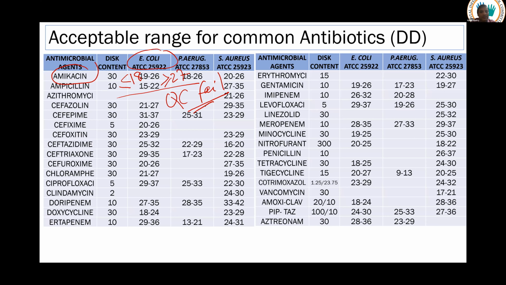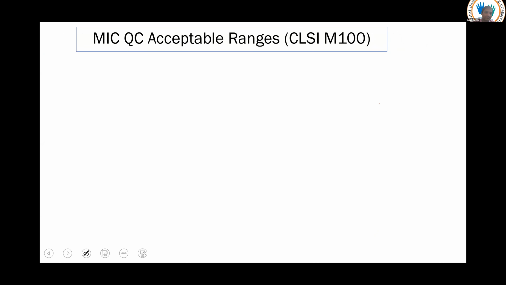For QC strain testing, the zone diameters have an acceptable range given in M100, and your zone diameters when you test it should fall within this range. That's all. Do not use clinical breakpoint. I repeat, do not use clinical breakpoint to see whether the QC strain is working or not.